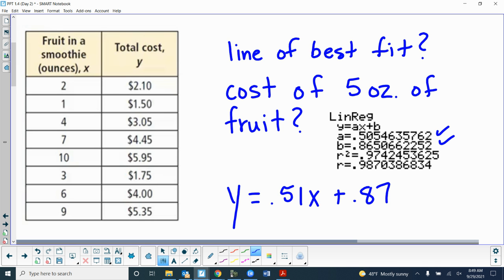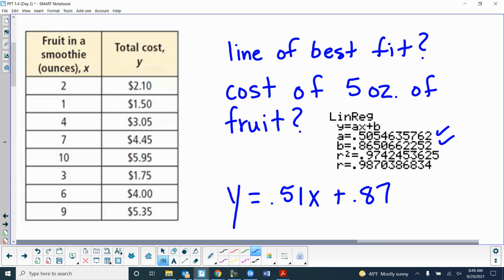And then, what's the cost of 5 ounces of fruit? So what would I do to answer that question? Vince, what do you say? Yeah, plug 5 in for X, that's all. X is the number of ounces of fruit. Okay?